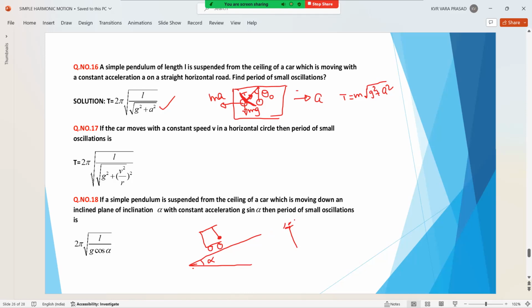See how that is. Writing here the mg components down the plane: mg sine alpha. And since we are solving the problem from the car frame, take the pseudo force which is up the inclined plane, that is mg sine alpha.